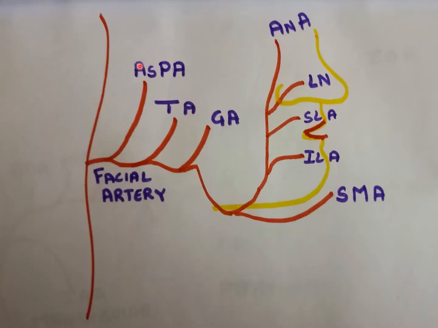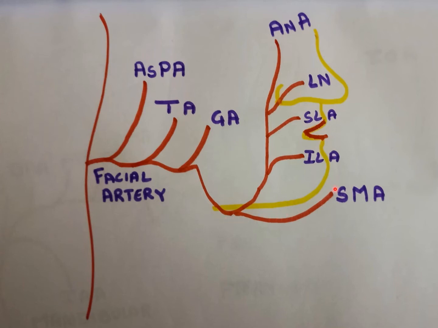Facial artery is further divided into many other branches. As we can see here, it gives off ascending palatine artery, tonsillar, glandular. Remember these three at once: ascending palatine, tonsillar and glandular.